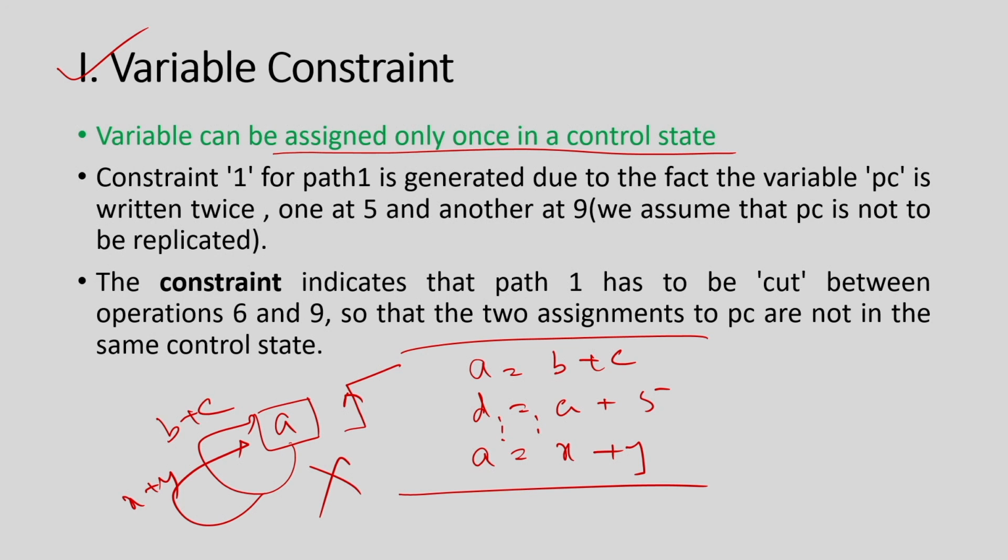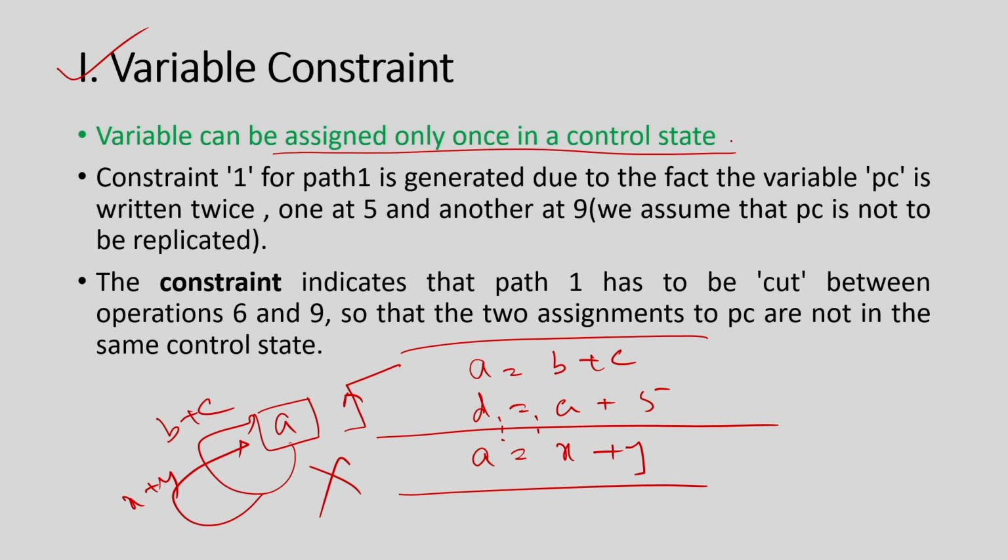Okay. So, basically the first constraint says that if one variable gets redefined, you cannot schedule those two operations in the same step. That means you have to break somewhere here. You cannot do these two operations at the same time. Okay. So, that is the first constraint: a variable can be assigned only once in a control state.